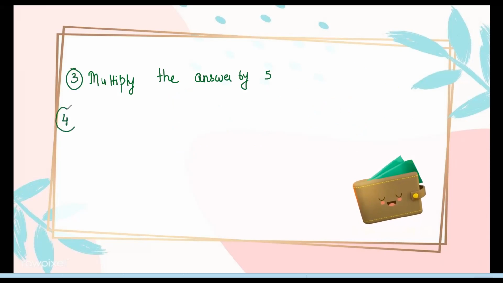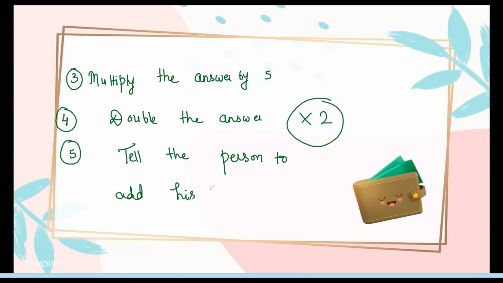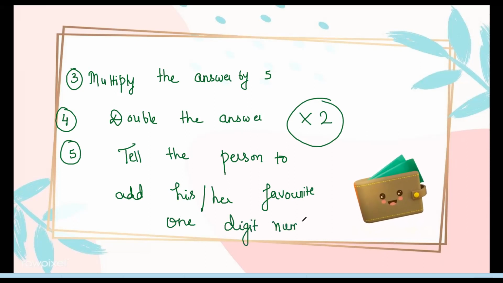What is the fourth step? Double the answer. Doubling the answer means just multiply it by 2, right? And the final step is to tell the person to add his or her favorite number, a one digit number definitely, between 0 and 9.